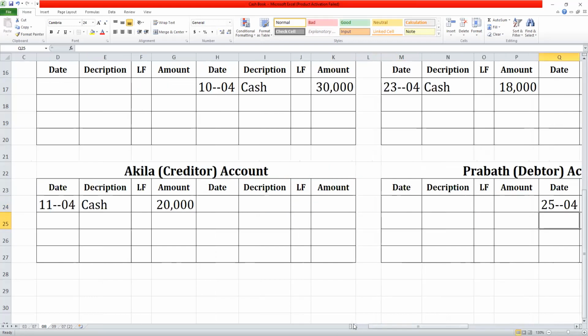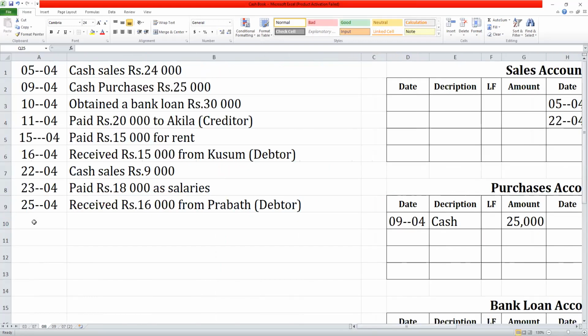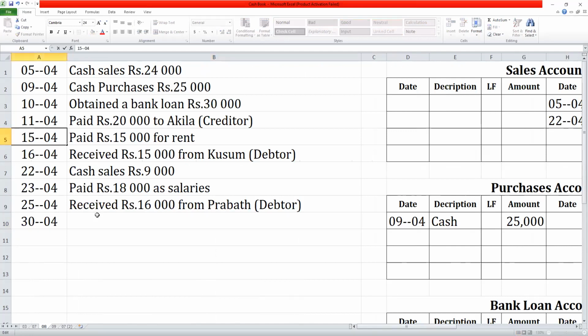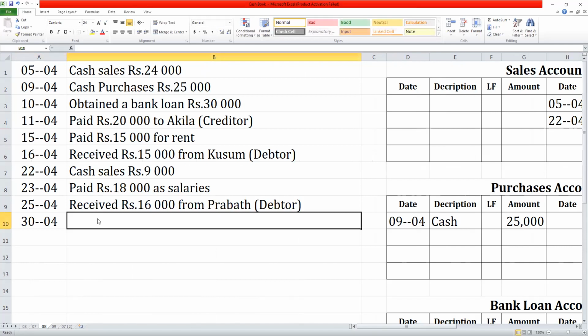It's very simple. 30th of April. It is paid 2,000 as electricity. Paid electricity bill rupees 2,000.